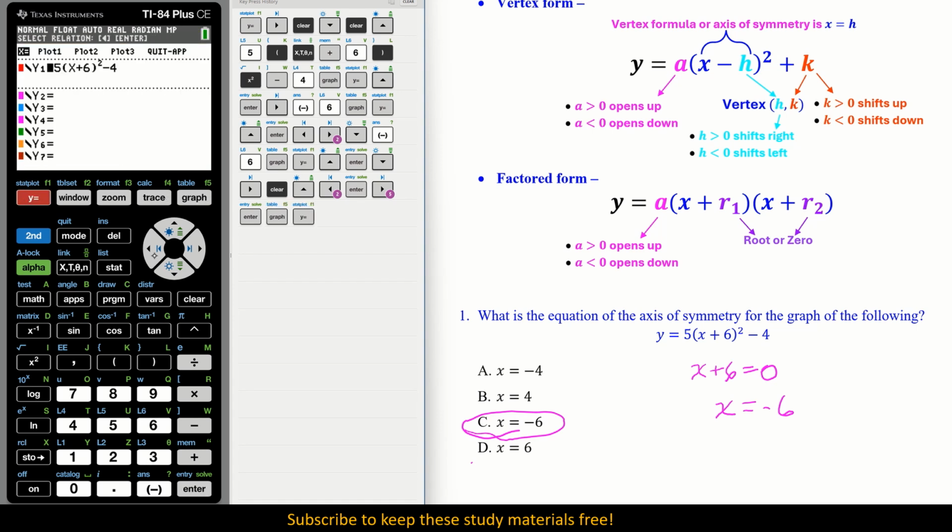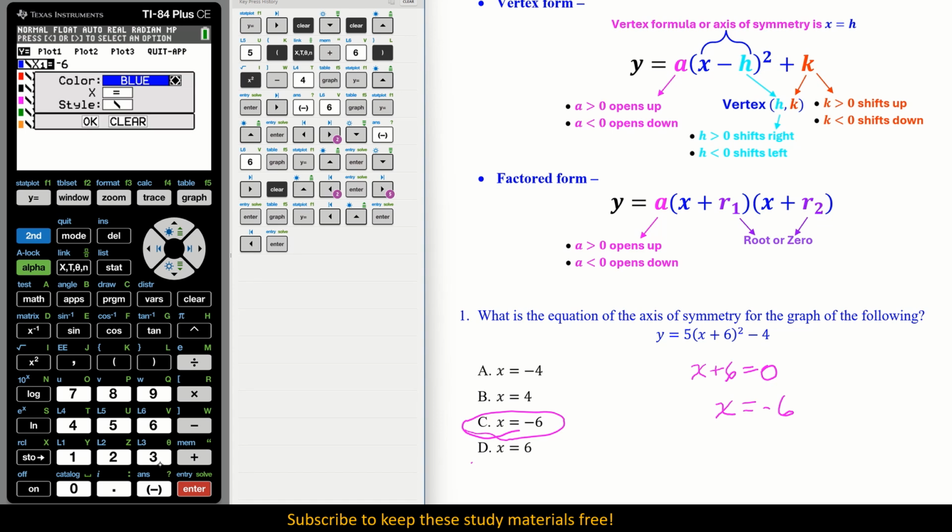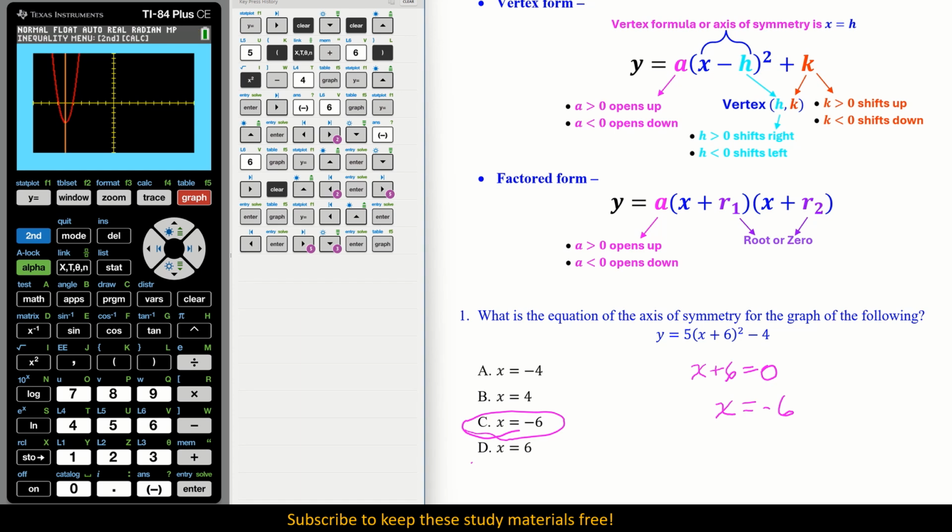Oh, I didn't actually change it, did I? Well, it shows up. No, that's not the right one. I didn't push enter, did I? Let's go back, push enter. Gotta remember to enter these things. Sometimes I don't. You gotta go all the way down to OK, then push OK. Now we're where we need to be, and push graph.